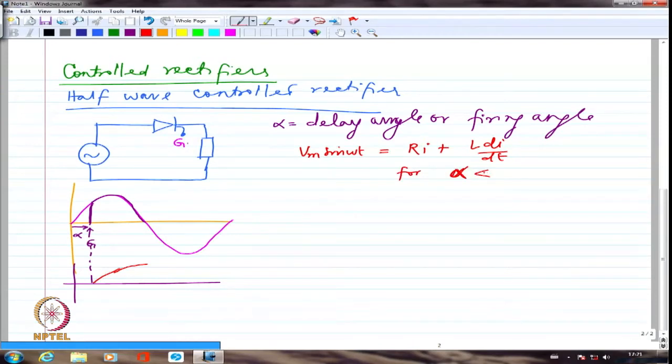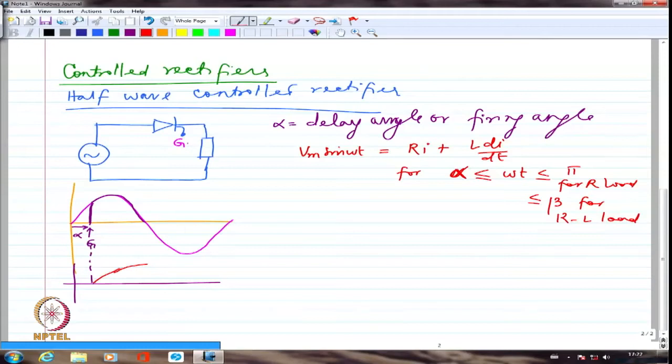Originally we wrote 0 for diode, but now I am going to start from alpha until pi, depending upon whether it is R load. If it is RL load, I may have beyond pi also, right? So, the conduction will last until maybe pi for R load, maybe until beta for RL load.